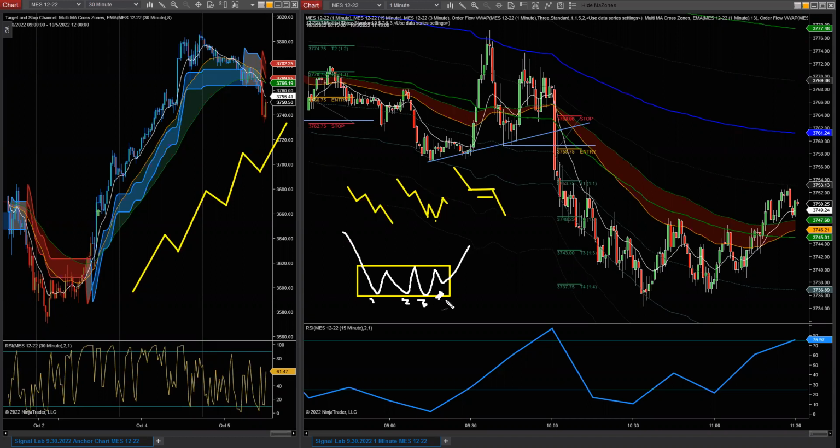Or the same thing for tops. And sometimes you'll see a 1, 2, 3 pattern on the way down here. You'll see something like that where you get a 1, 2, 3 at the end. Those you trade every time.